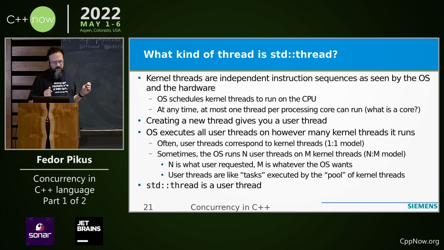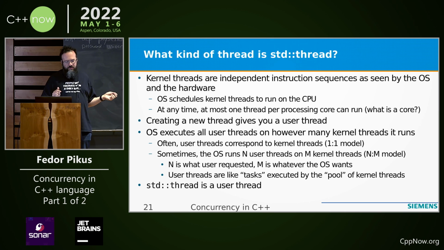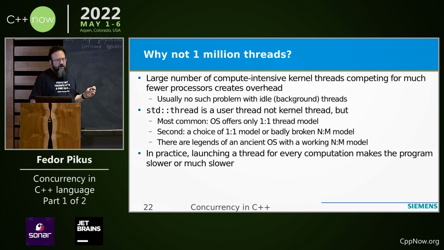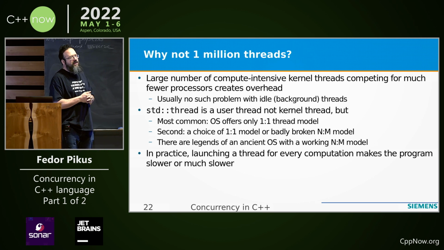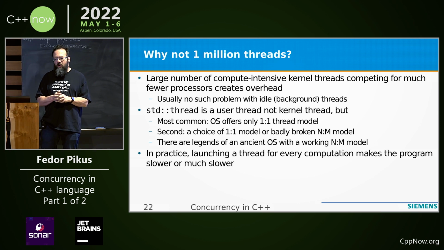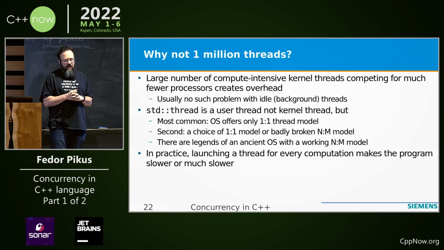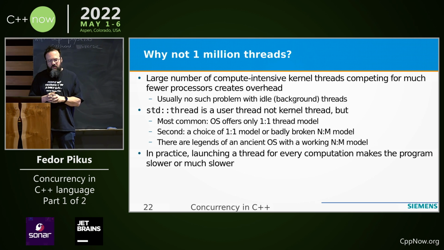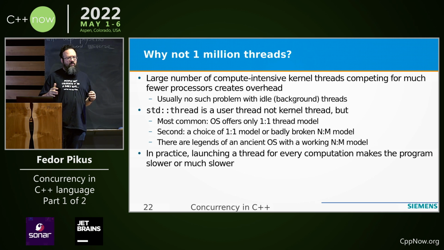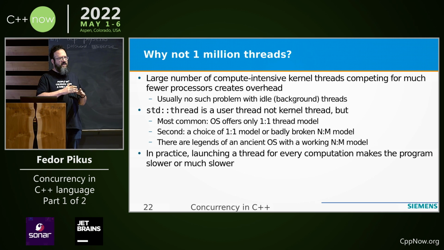Now, std::thread creates a user thread. No OS that I know of can manage a huge number of kernel threads, and by huge, I mean millions. Because what would happen if you said, I'm going to take all my independent computations, create a thread for each one, and just let it go and wait on it all at the end?